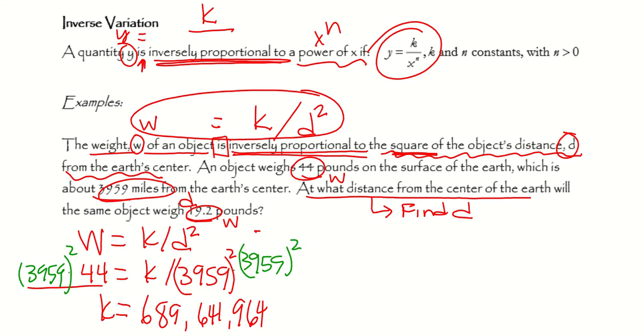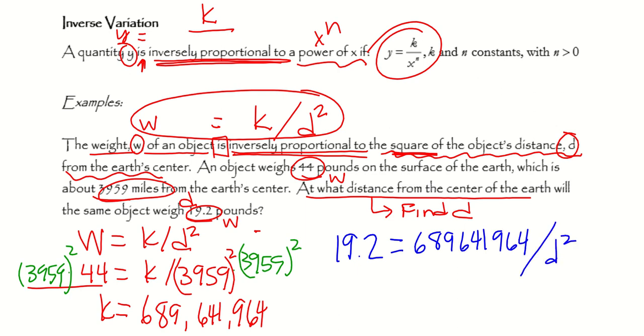So now if I want to find d, when the object would weigh 19.2 pounds, I'm going to say 19.2 will equal this 689,641,964, that's my k, divided by my distance squared.